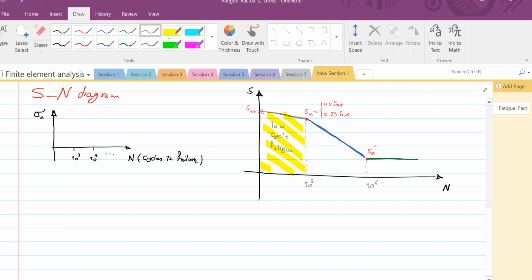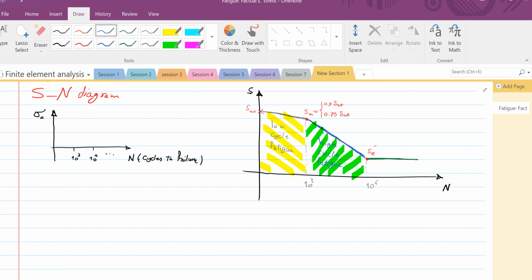Okay, the second area is going to be this one. We call this one high cycle fatigue area. We may design for specific cases for this area, between 1000 to 1 million cycles.